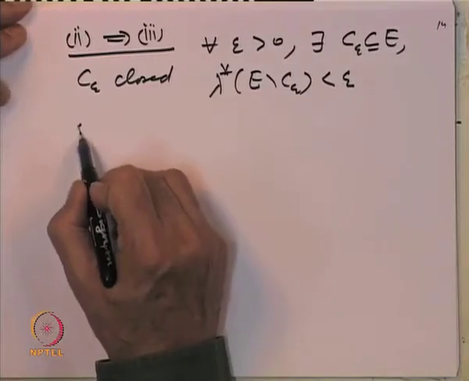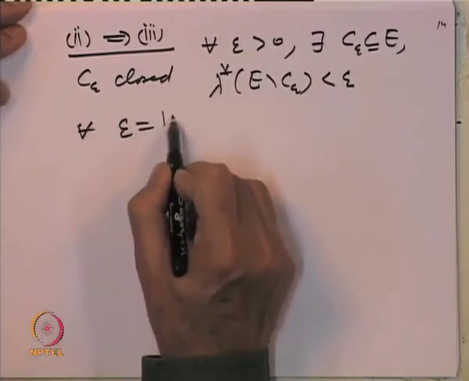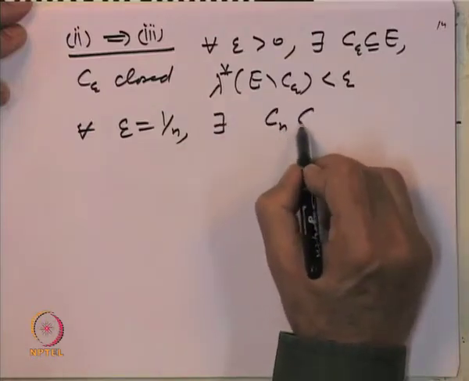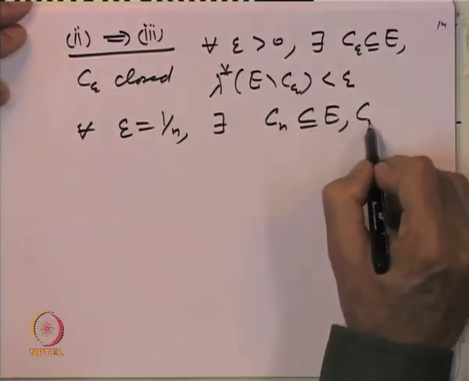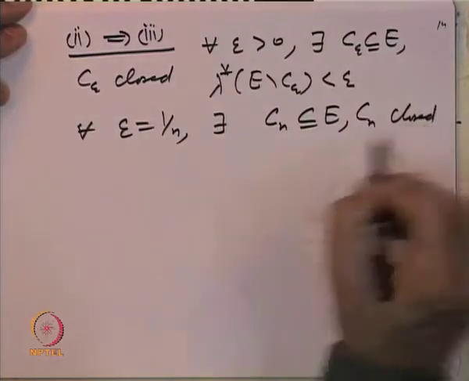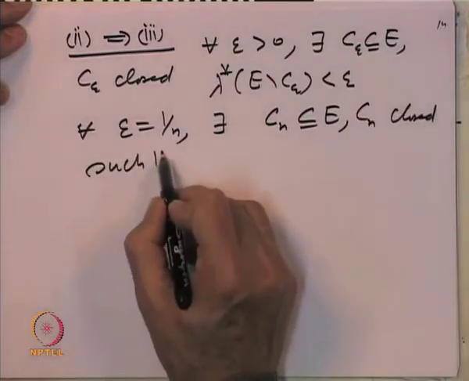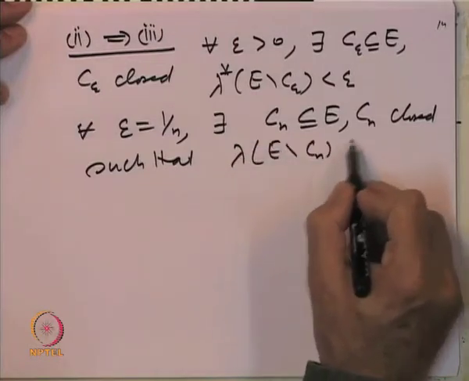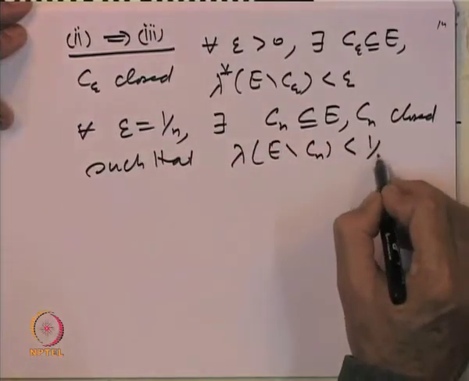So, in particular for every epsilon equal to 1 by n, there exists a set C n which is inside E, C n closed, such that the Lebesgue measure of E minus C n is less than 1 by n.